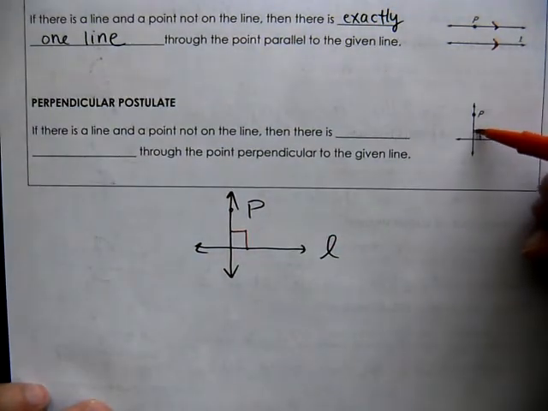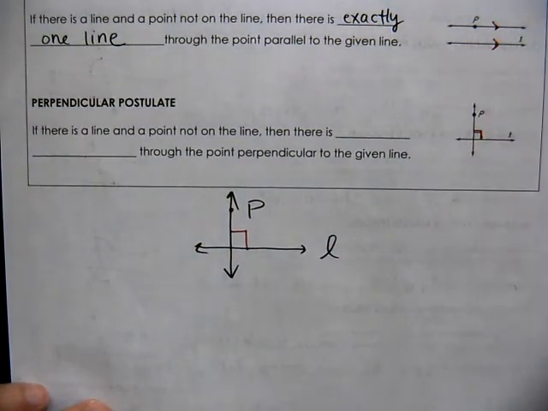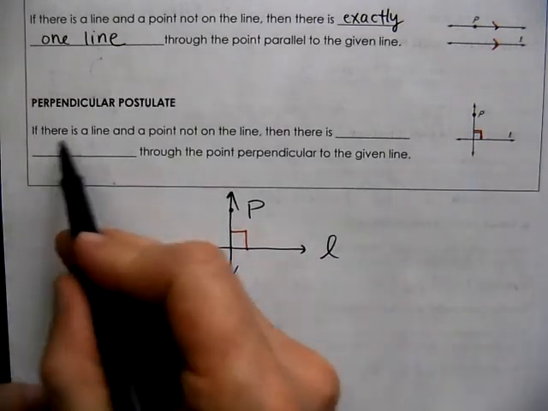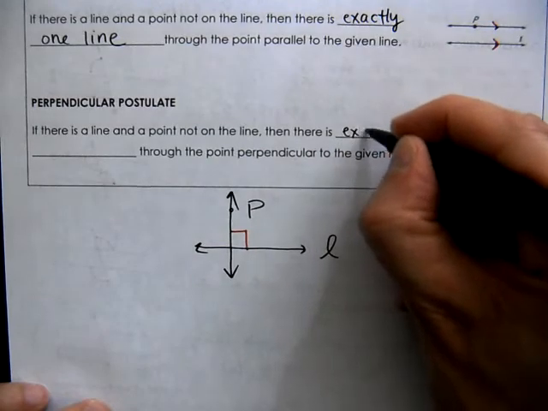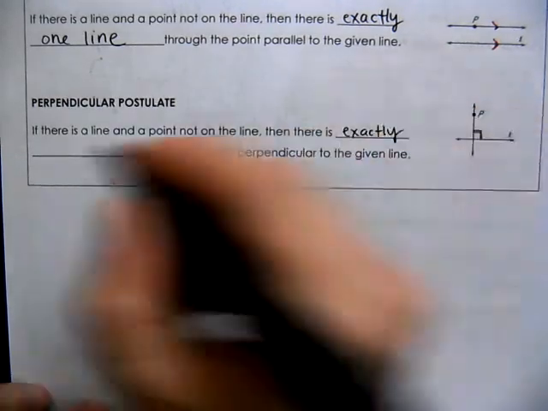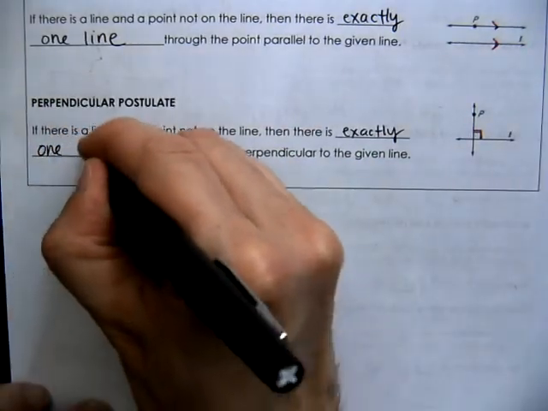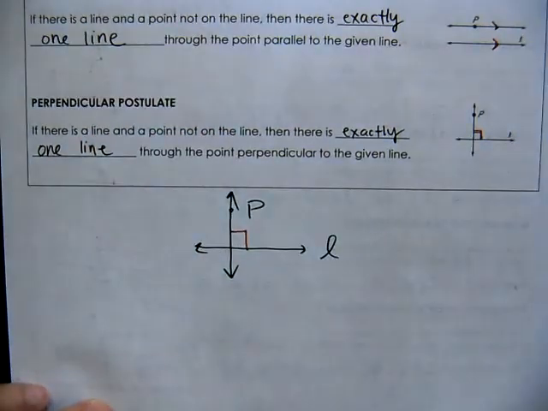And that's what you see in the diagram on the right-hand side. So again, the wording is very similar. If there is a line and a point not on the line, then there is exactly one line through the point perpendicular to the given line.